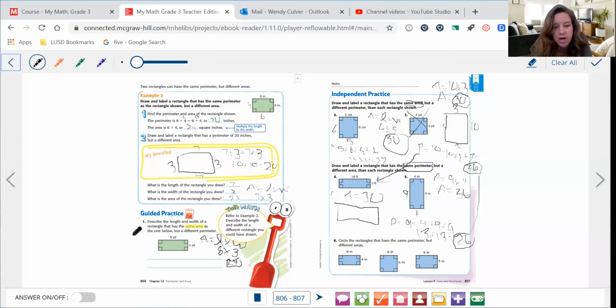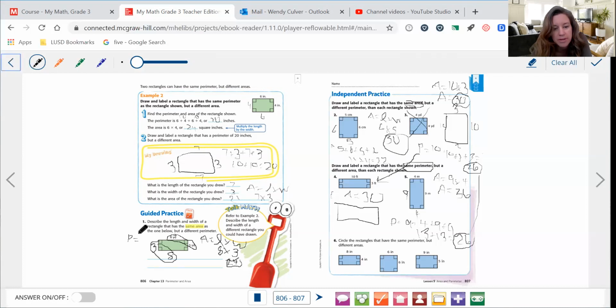So now I need to make sure I know the perimeter of this rectangle. Now, perimeter is simply adding up all of the sides, but you might say, oh, then the perimeter is 11 because 8 plus 3 is 11, but you'd be leaving out 2 sides. So make sure when you have your rectangles that you always label all 4 sides. So if you know that 8 plus 3 is 11, this is 11 then, and this is 11.